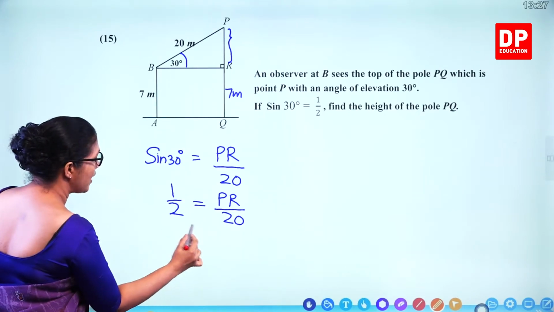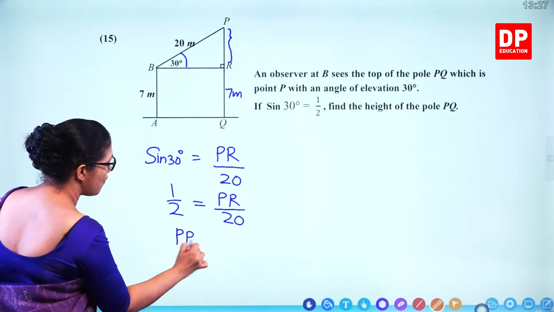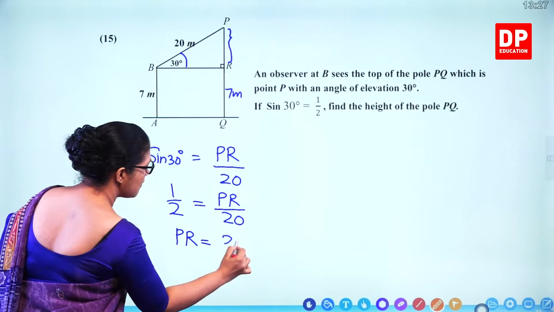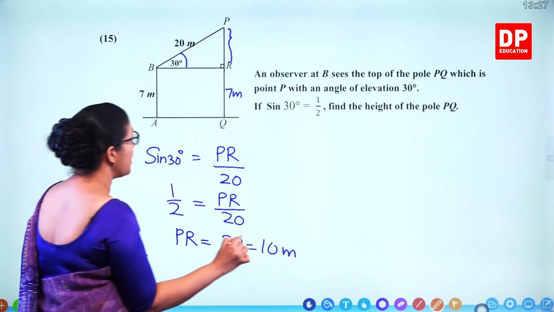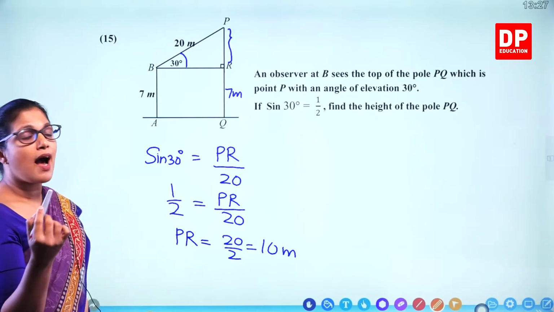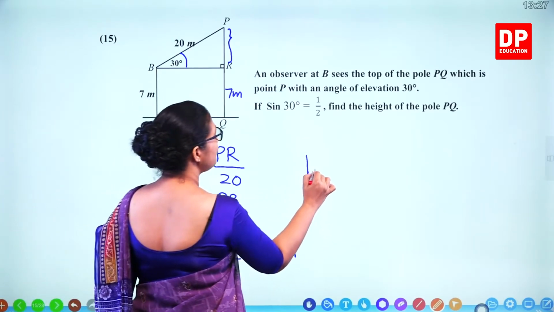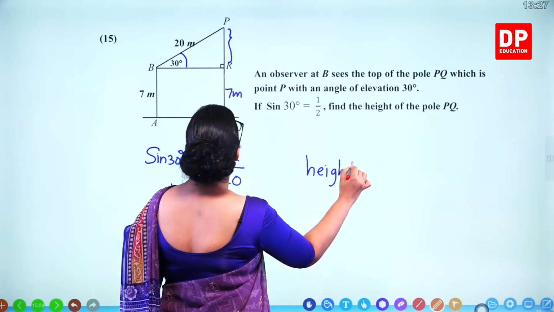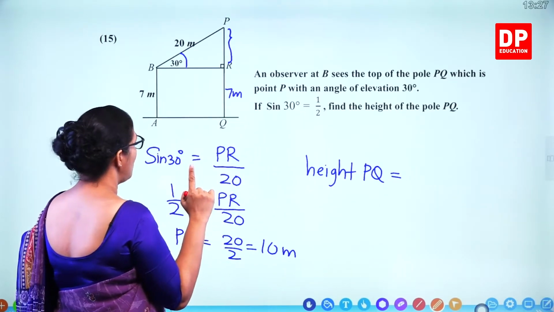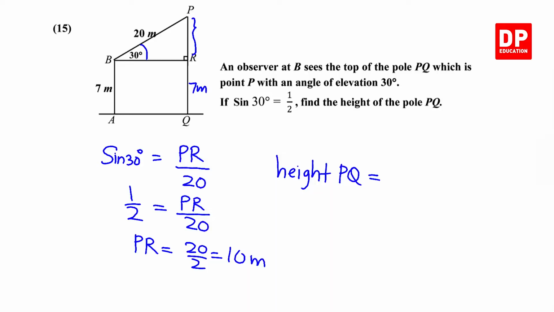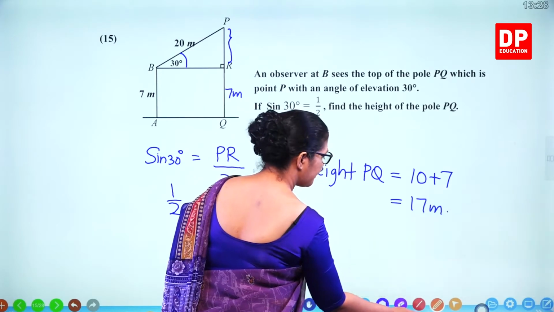By cross multiplying, you can find out PR. 20 divided by 2, that's 10. 10 meters is PR. Then what's the height of the pole? Height PQ is equal to 10 plus 7, 17 meters. So 2 marks for that.